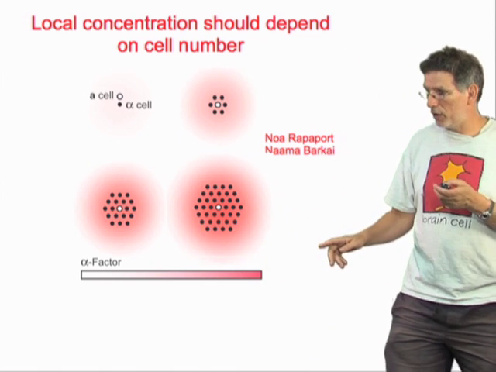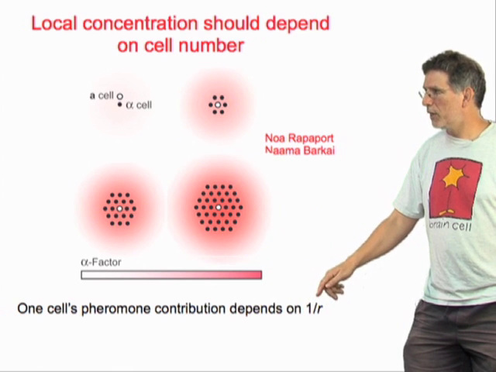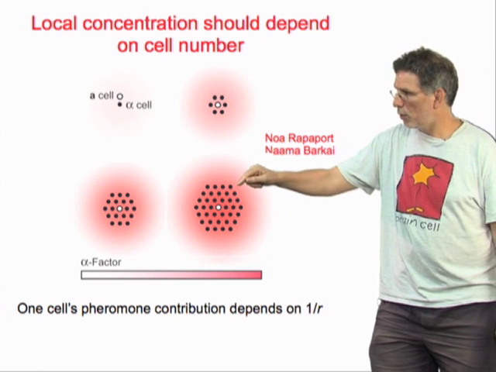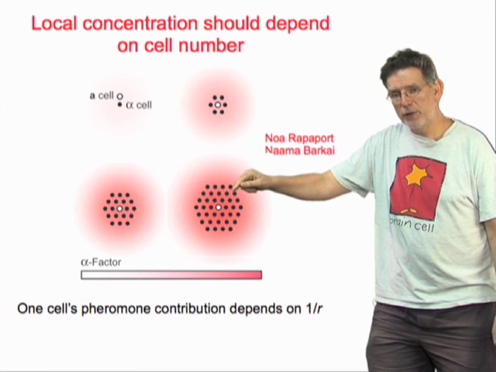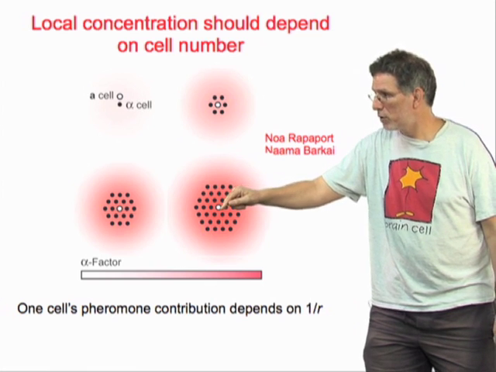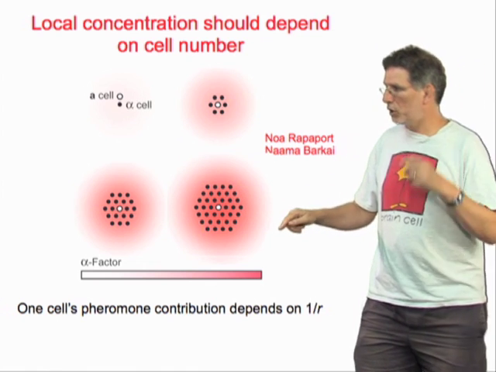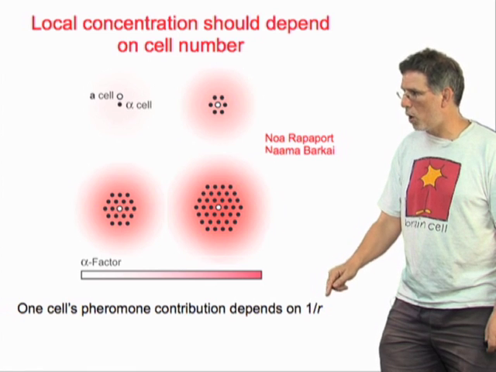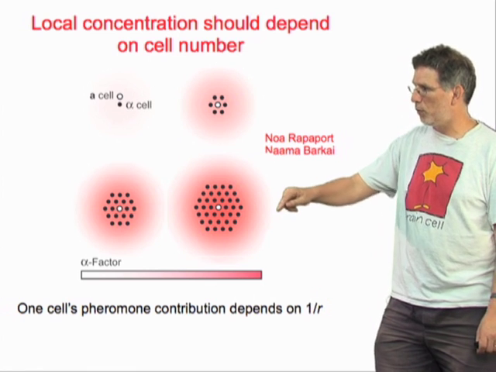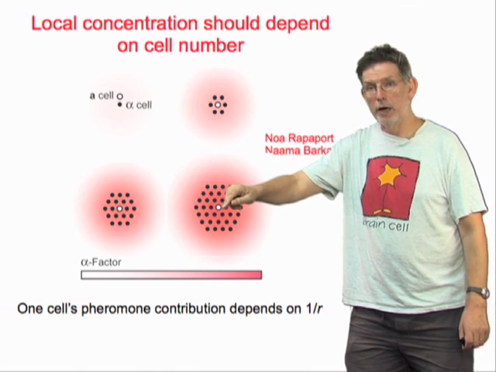And there's a simple way of understanding this. So if we think of a single cell, so let's take this cell right here, we can ask how much pheromone does that cell contribute to the A cell that is right there? And the physics of diffusion are such that that contribution gets smaller and smaller as 1 over the distance, the radius if you like, between this cell here and the A cell there.